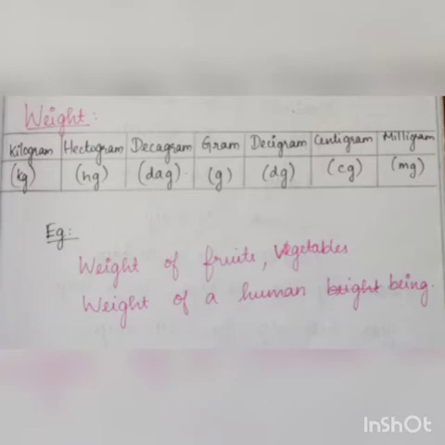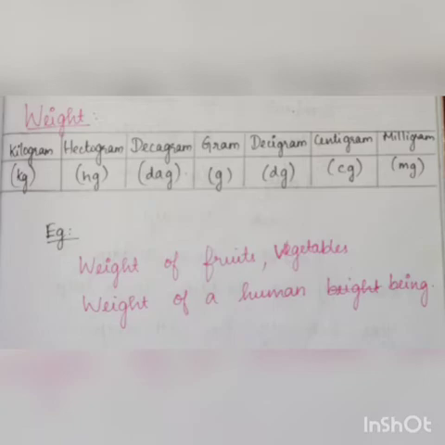So here we have kilogram, hectogram, decagram, gram, decigram, centigram and milligram. Kilogram is our largest value, milligram is our smallest value. Kilogram will be on the left side, milligram on the right side.